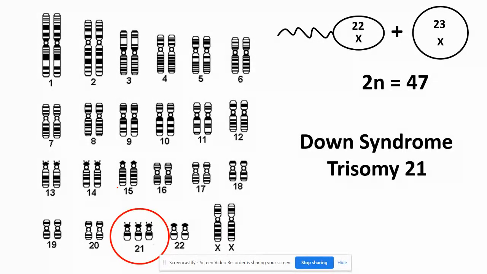Now, what can be survivable in some cases is having an extra chromosome. In Down syndrome, for example, having this extra number 21 does lead to extra protein products, which lead to an imbalance during development. That is why people with Down syndrome will have different developmental issues because of that imbalance of proteins produced.